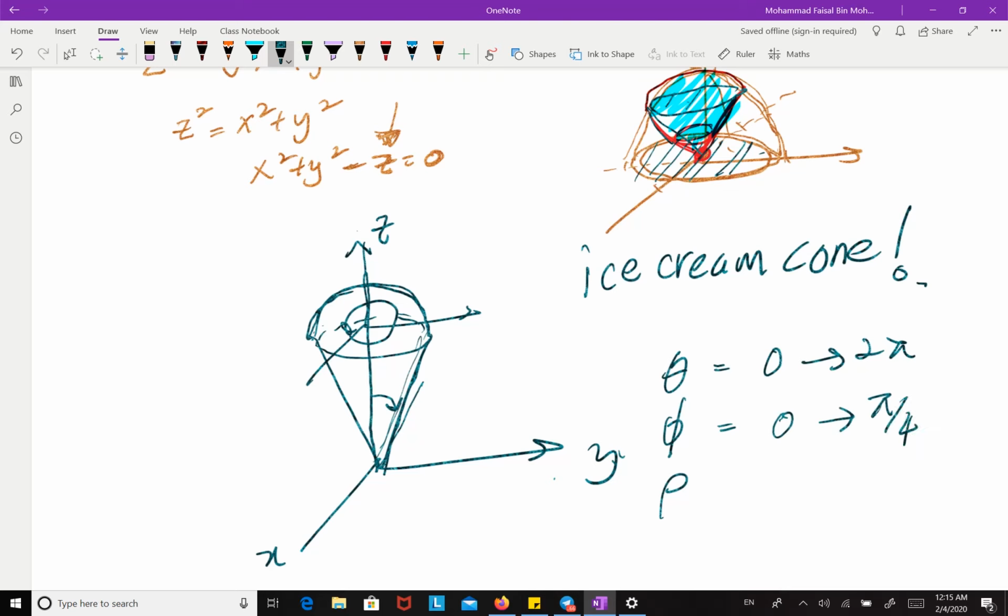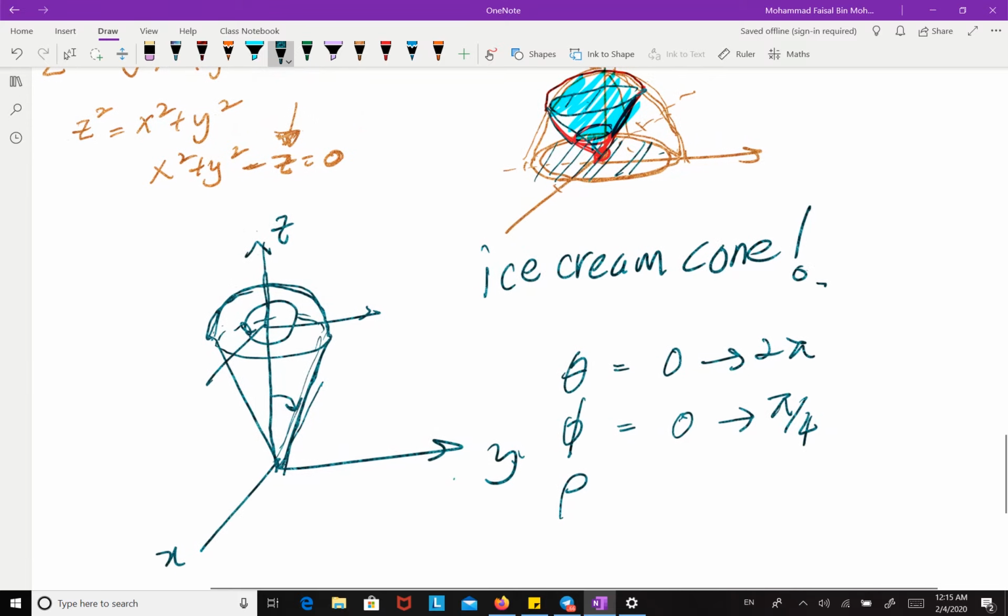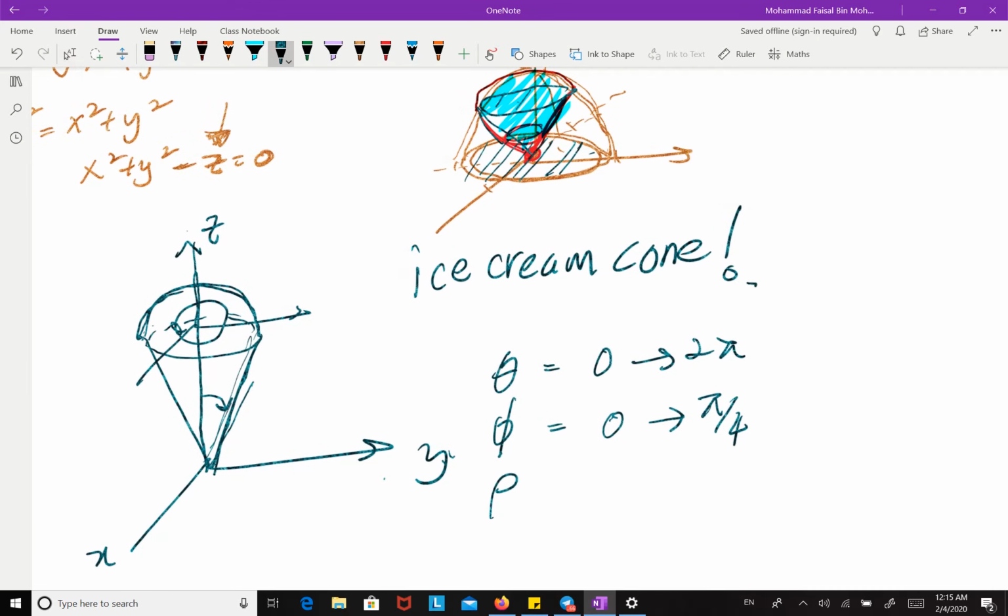But there is another way. You can find it using a triangle. Let's say I take the axis, then we have a cone, and then we draw a line here. This is phi. We already know the radius is 1, so here is 1, here also 1.